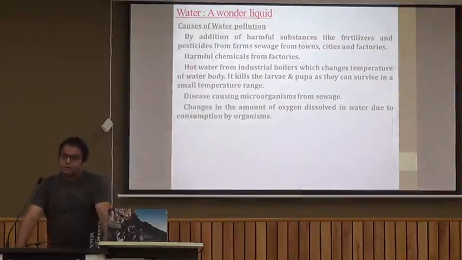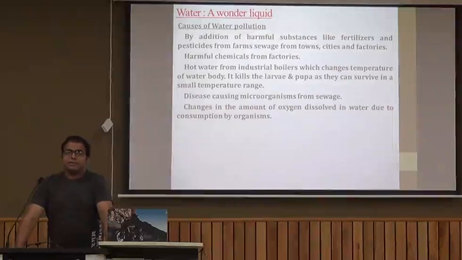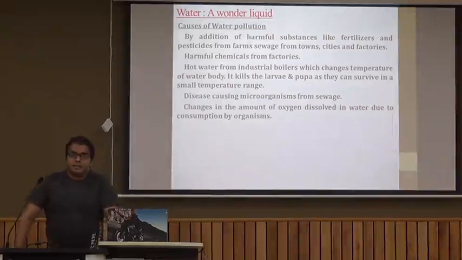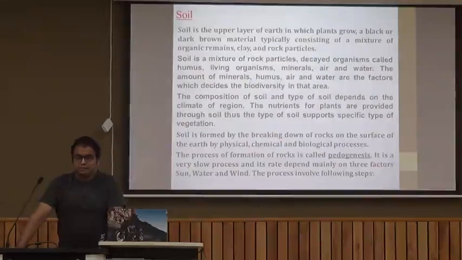Disease causing microbes are released in sewage which drains out from our homes. Now change in the amount of oxygen dissolved in water is due to the chemicals and the flora and fauna present in the water, which results in the change in oxygen content.